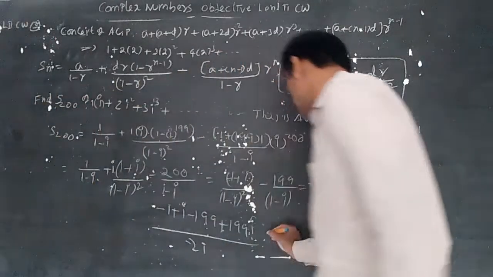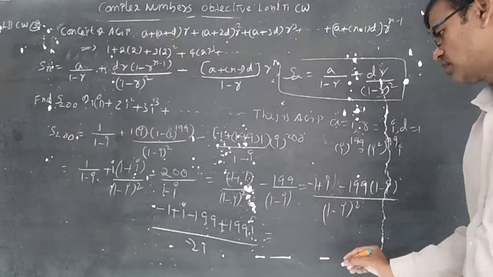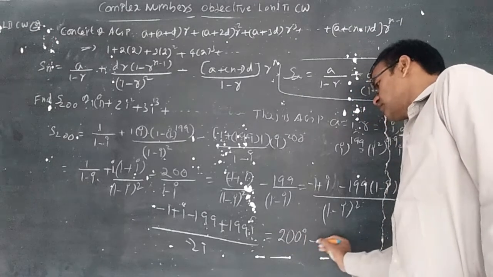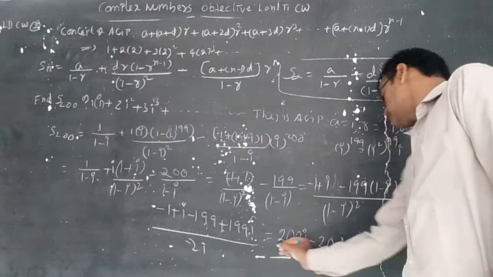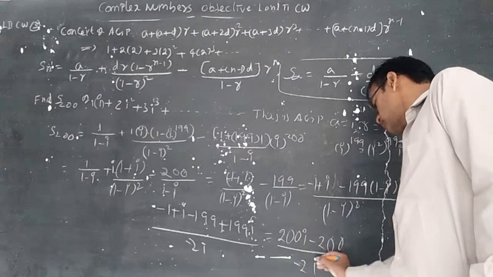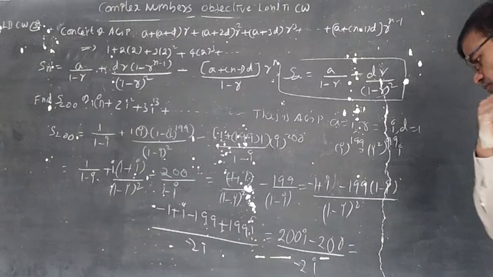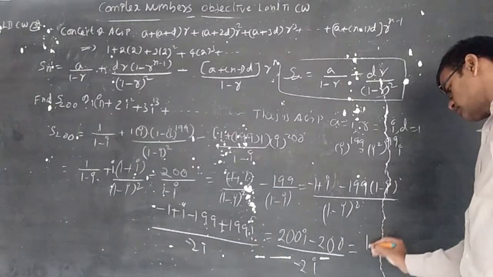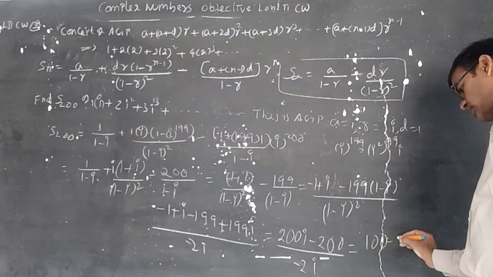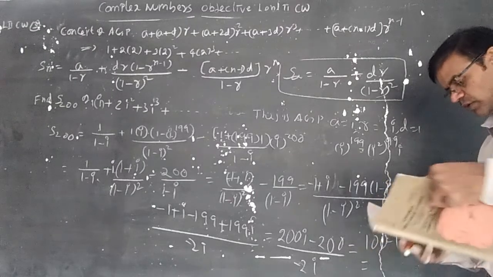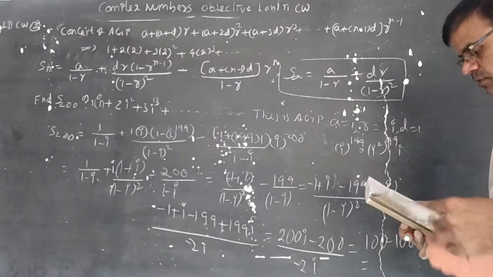That is equal to 199i plus i becomes 200i, 200i minus 200 whole by minus 2i. That is equal to 100 minus 100i. 100 taken common, 100 into 1 minus i.